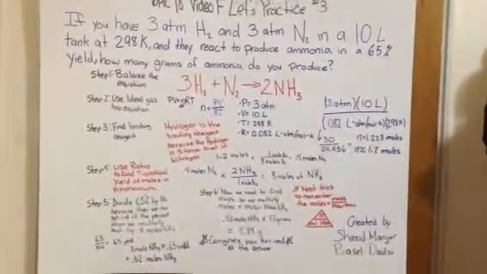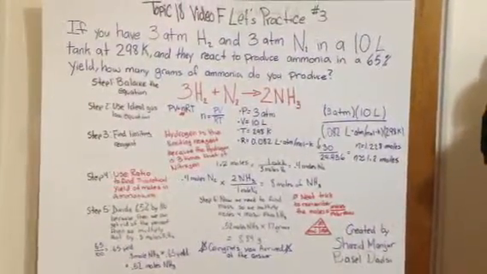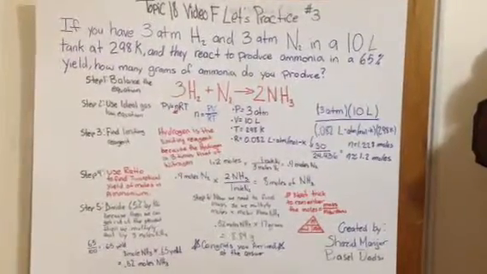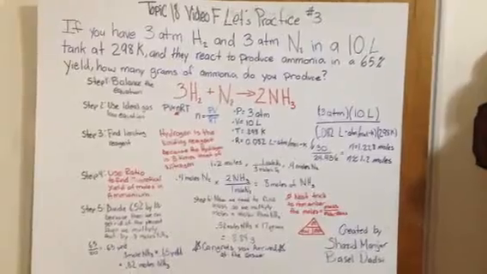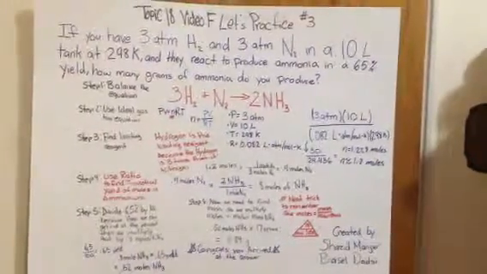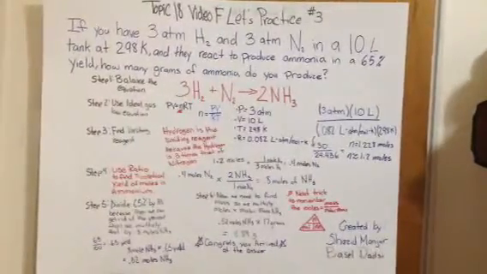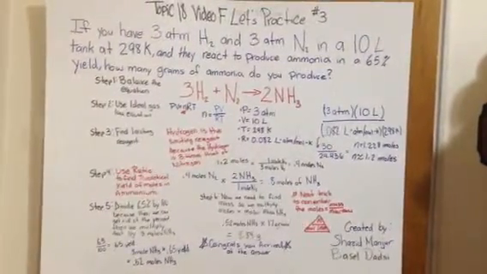In order to find the theoretical yield of moles of ammonia, we multiply 0.4 by 2 because of the ratio from the balanced equation, 1 mole of nitrogen to 2 moles of ammonia, which gives 0.8 moles of ammonia.